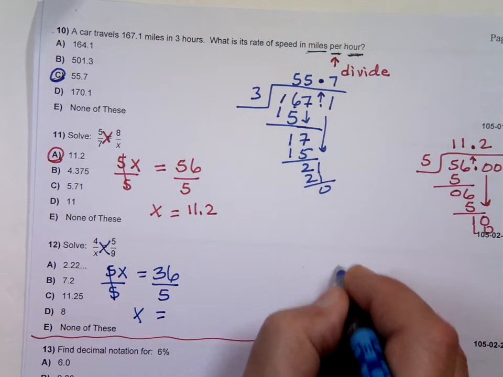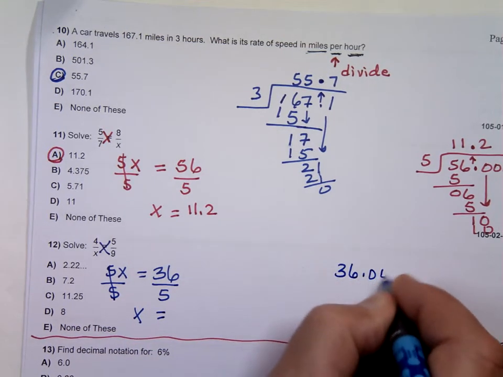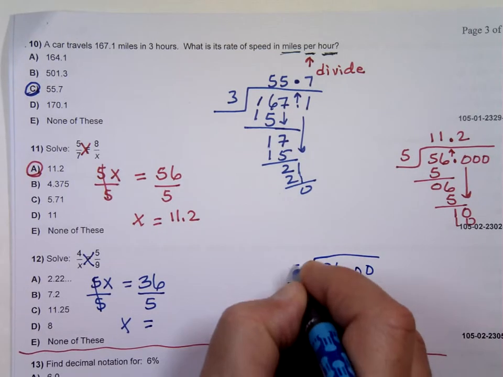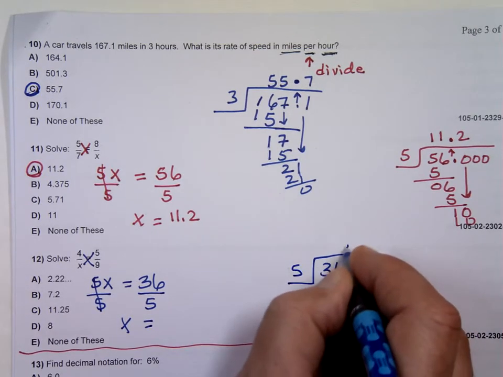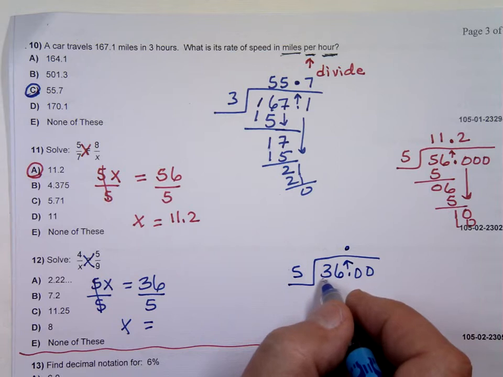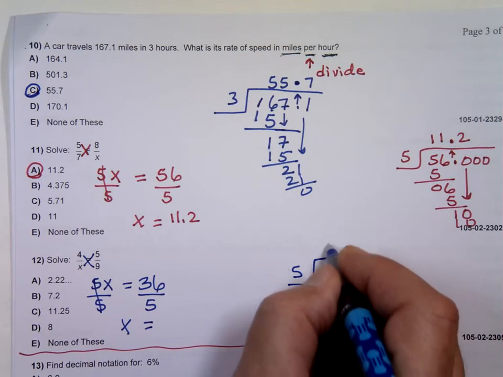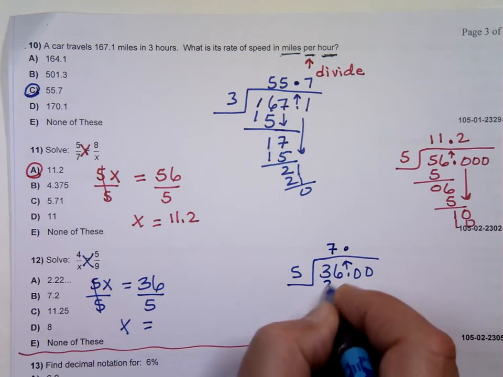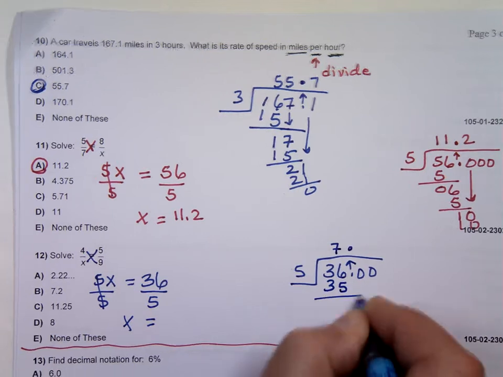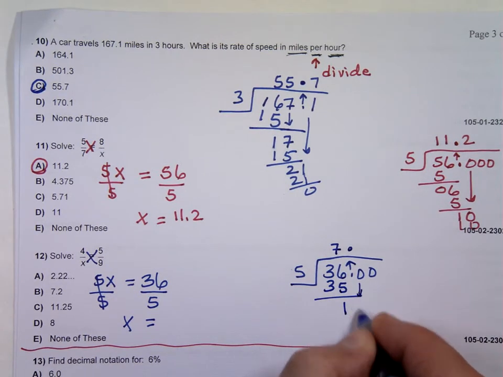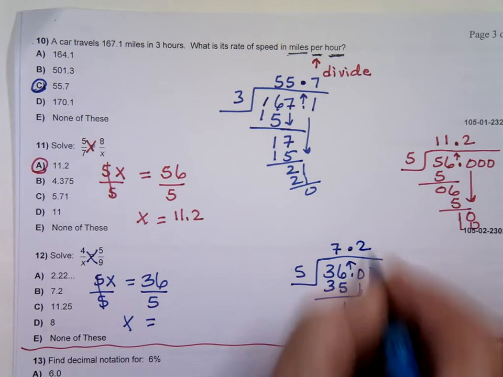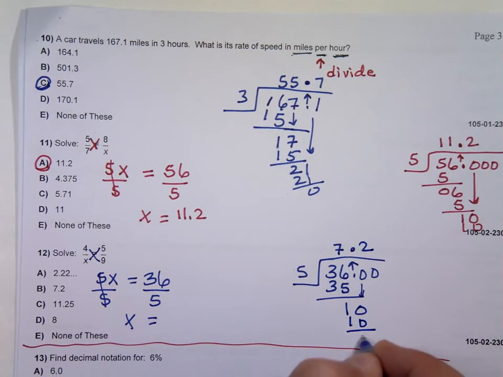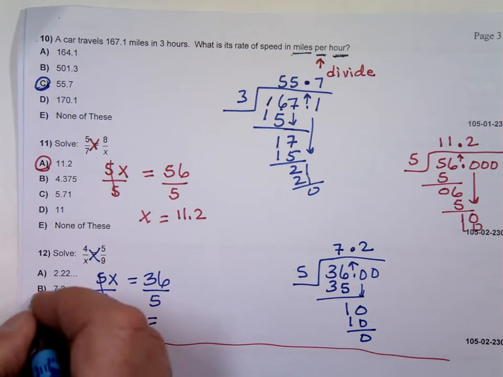And let's divide them. 36.00, I'll just put some zeros, over 5. 7. 7 times 5 is what? 35. Remainder is 1. Bring that 0 down. 10 by 5 is 2. 2 times 5 is 10. 7.2.